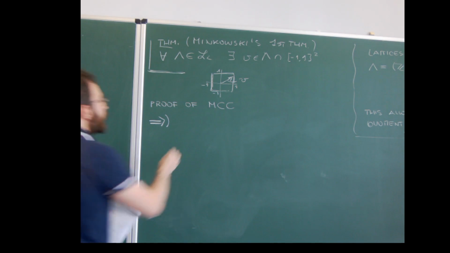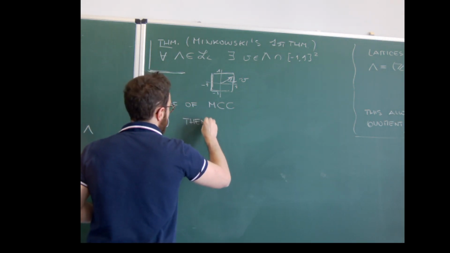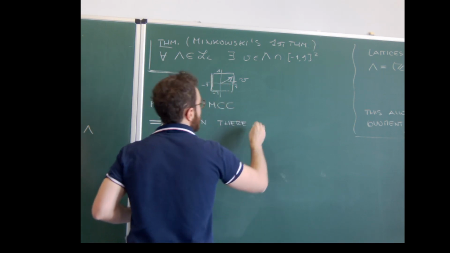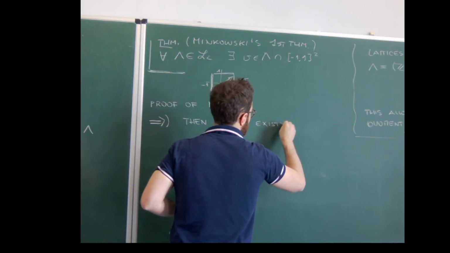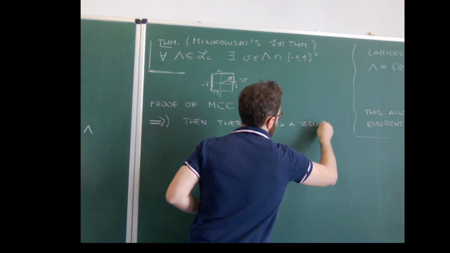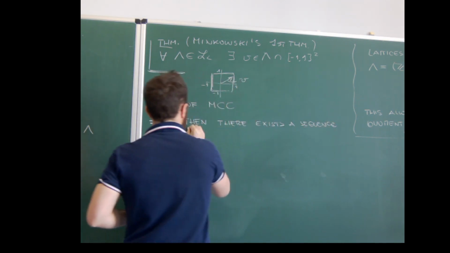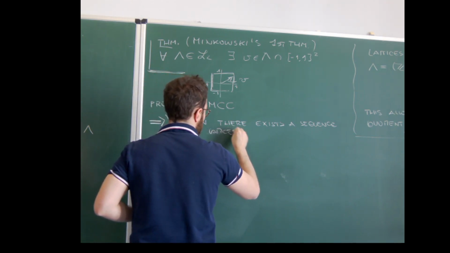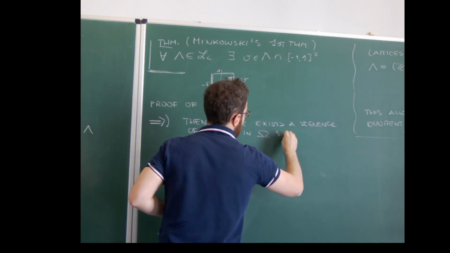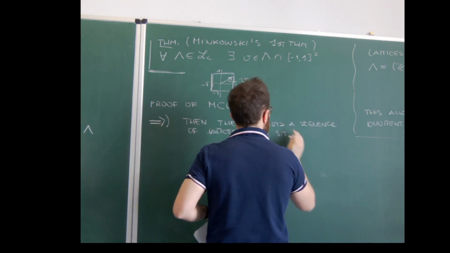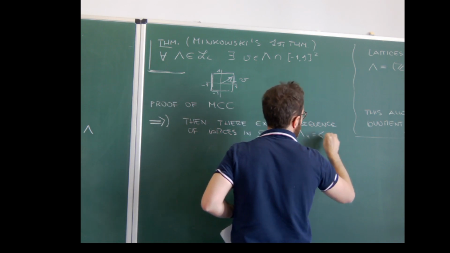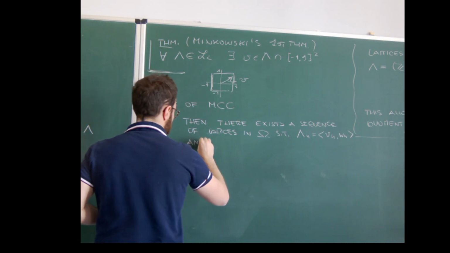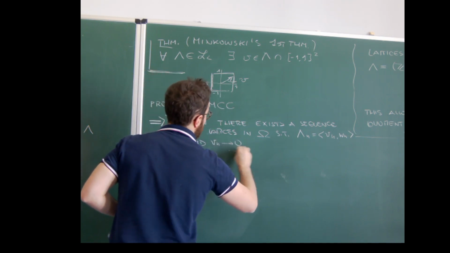If omega is not compact, then it is unbounded, so there exists a sequence of lattices in omega such that lambda n is generated over Z by Vn, Wn and Vn tends to 0.